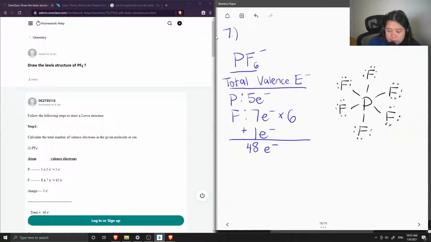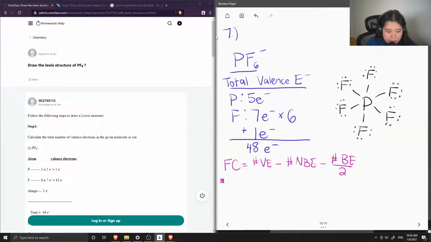So now let's try to figure out the formal charges to see where that negative charge goes. The equation for formal charge is the number of valence electrons minus the number of non-bonding electrons, so these are all the electrons in the lone pairs, minus the number of bonding electrons divided by 2.